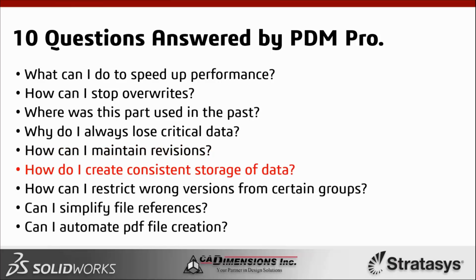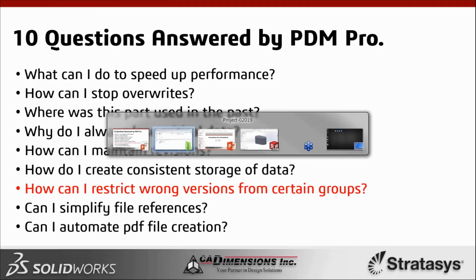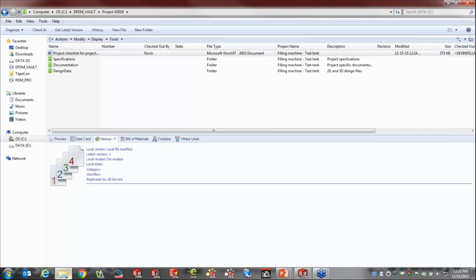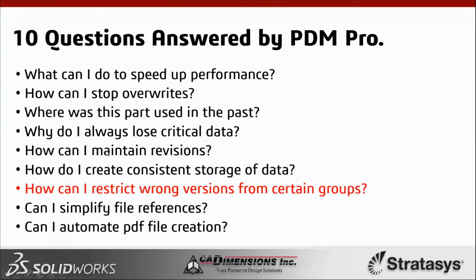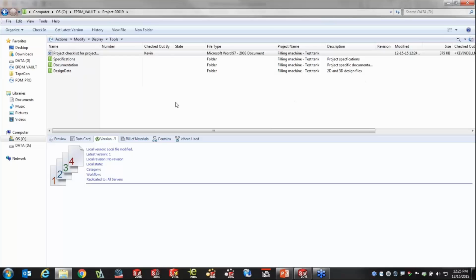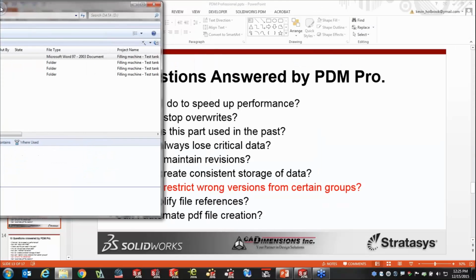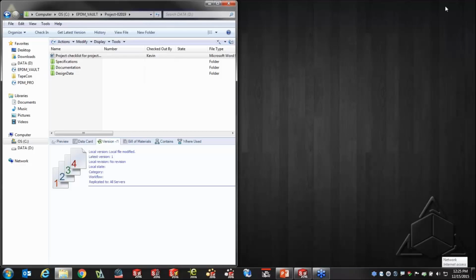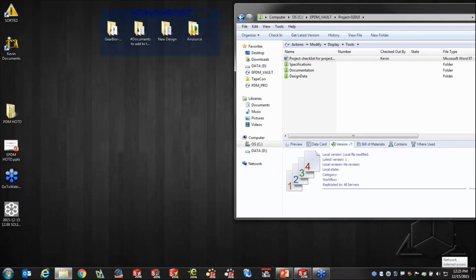Now from there, how can I bring in data and then restrict it from certain groups? Well, let's take a look here. Let's go back to our PDM Professional and let's bring in some data here. Let's take this, put that aside, and then grab some files here.